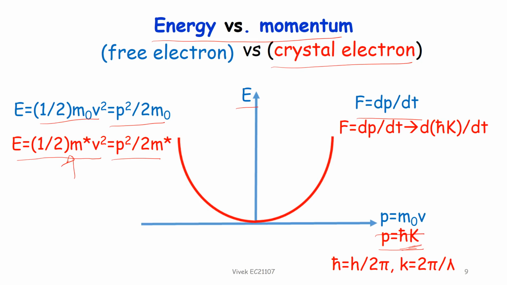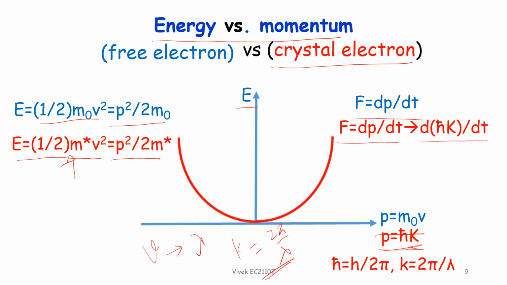For example, if the electron is moving at a certain speed which is quite high, it will show a certain wavelength, and k is 2 pi by lambda, the wave number, where lambda is the wavelength of the electron. So the momentum is h bar k. Here again you have the E-k diagram, also called the energy momentum diagram, and the force will be dp by dt. Now p is h bar k, so it will be h bar times dk by dt.